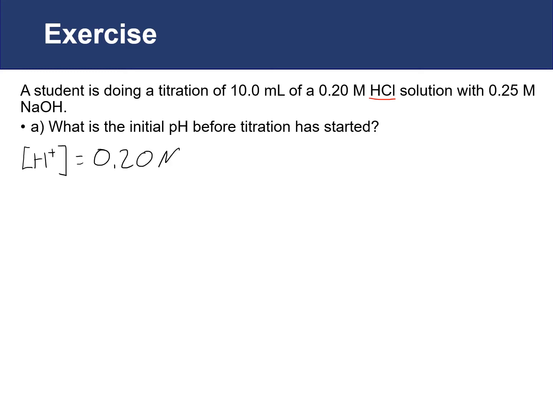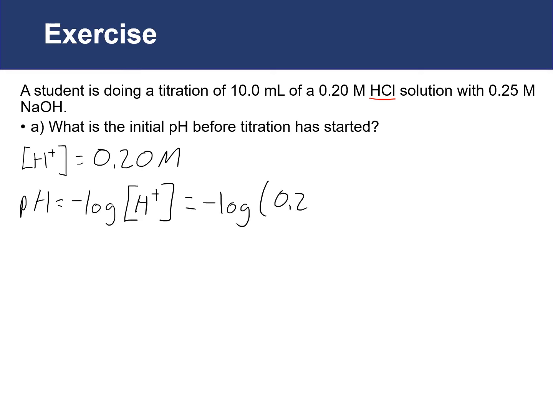0.20 molar. To find the pH, pH is equal to the negative log of our H+ concentration. So that would be the negative log of 0.20, which would be equal to 0.69897.